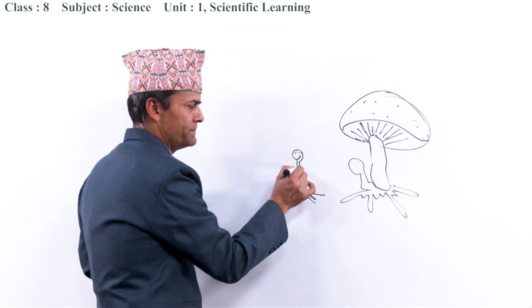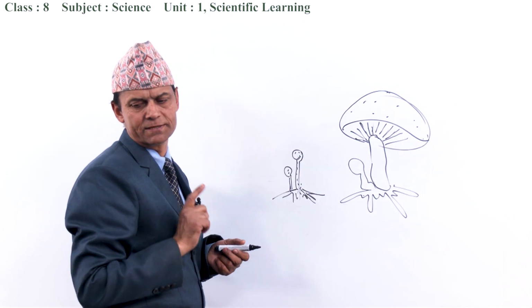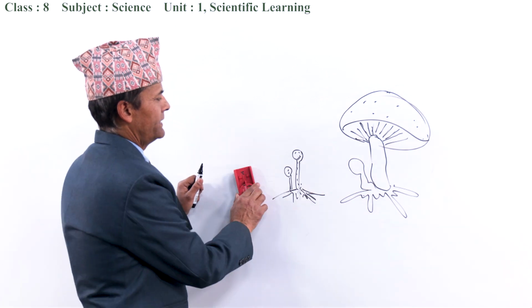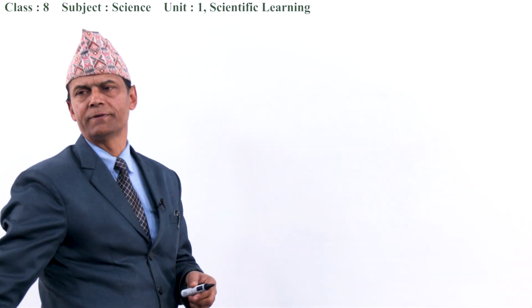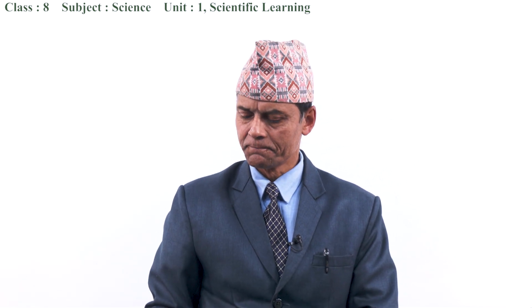Do you know that is the mucor? Mucor is also a fungus. And these fungi are of different types. Some of the fungi are harmful to our health and some are nutritious also. Edible mushrooms are nutritious, isn't it?